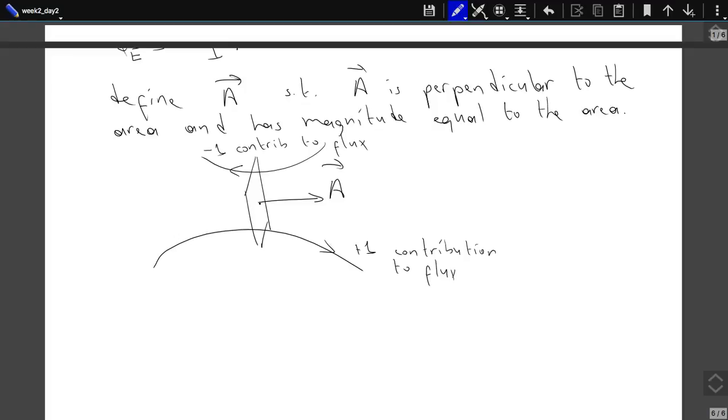Now, let's say this is the area, this is the electric field at the position of this area, and this is the angle theta. Then we know that the flux, we had defined it as the perpendicular component of the field times the area itself. But the perpendicular component is nothing but the electric field times cosine theta, times the area.